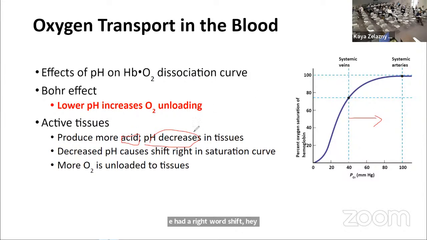If the opposite change happens and you're for some reason having a more basic environment in your blood, we'd see a leftward shift, the opposite direction. So these can go both ways. We focus a lot on the rightward shifts because they happen at metabolically active tissue, so they're important to your everyday functioning, but they can go both ways.